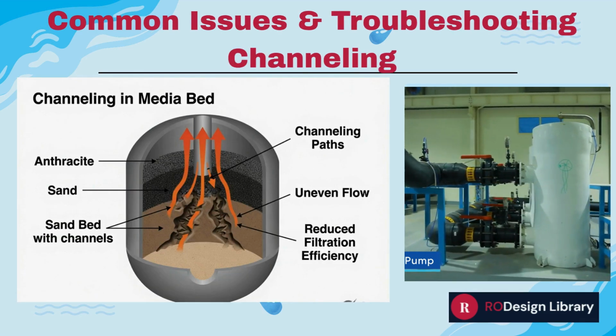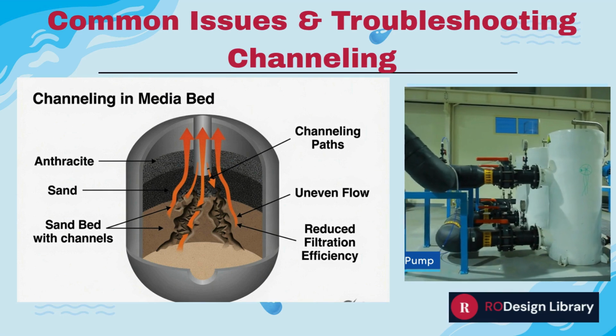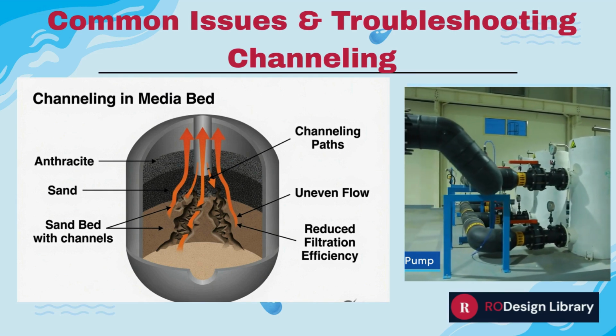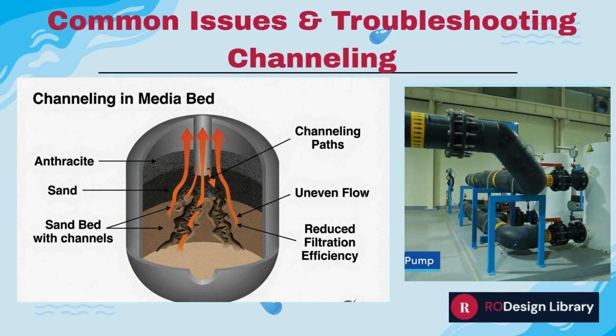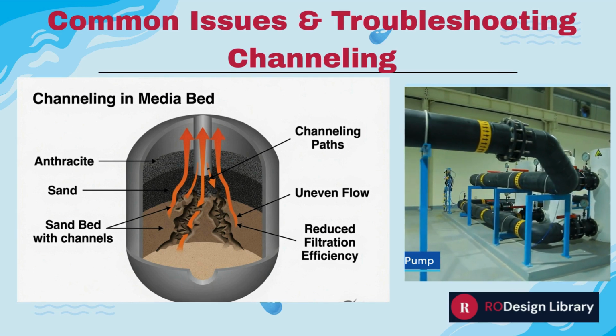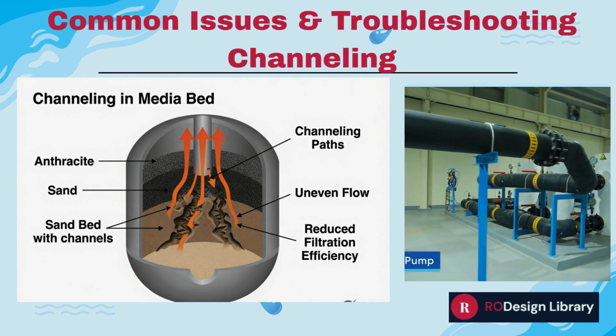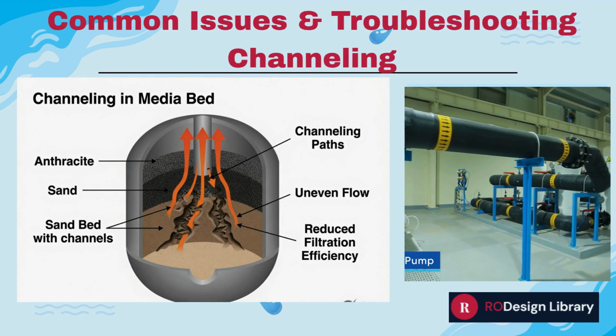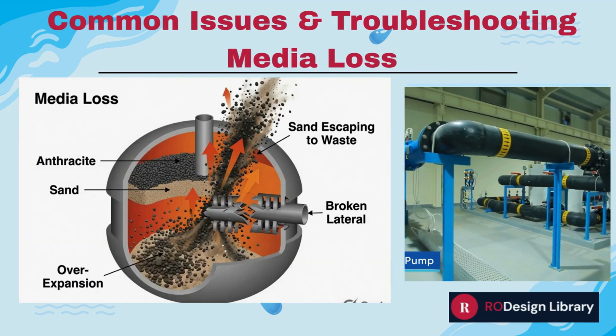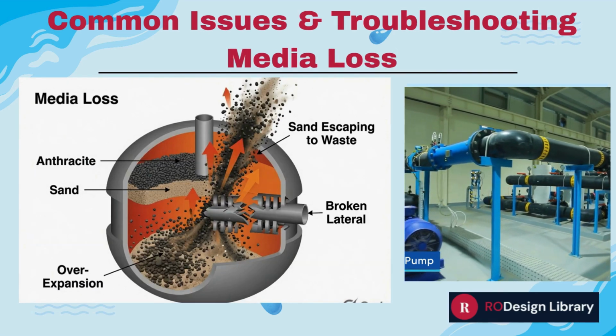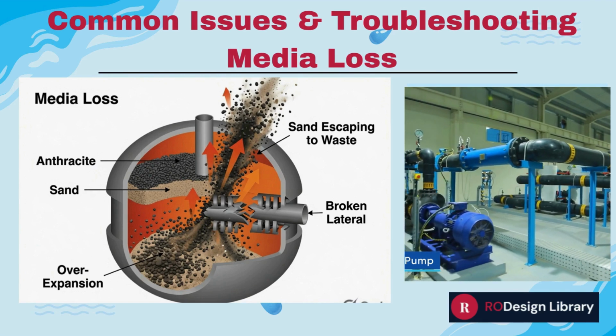Channeling occurs when water flows through preferred paths instead of the entire media bed. It is usually caused by poor media distribution, improper backwashing, or media fouling, resulting in reduced filtration efficiency. Media loss occurs when excessive backwash flow carries filter media out of the vessel.